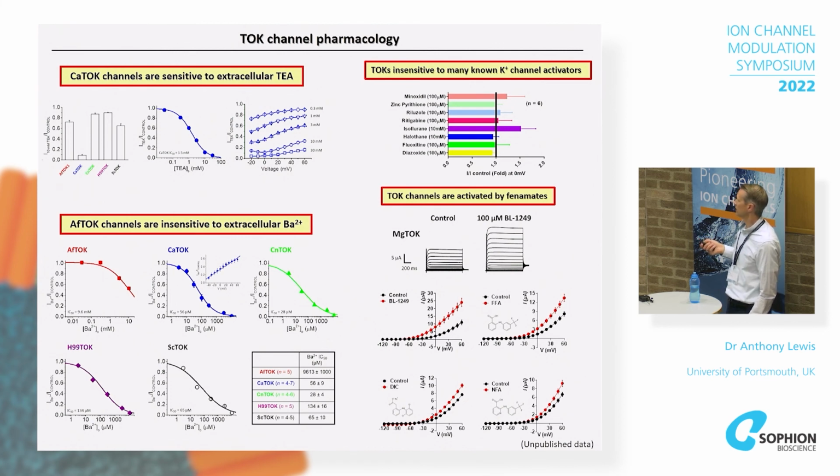And the variant from the plant pathogen Septoria is also sensitive to BL1249, as is Candida. And other fenamates are also activators, but fenamates seem to activate pretty much most stuff. But at least it shows that they're not completely different, which I'm not sure is a good thing or a bad thing. Gives you a start point, and then it's trying to diversify away from that start point, I guess. Thank you.